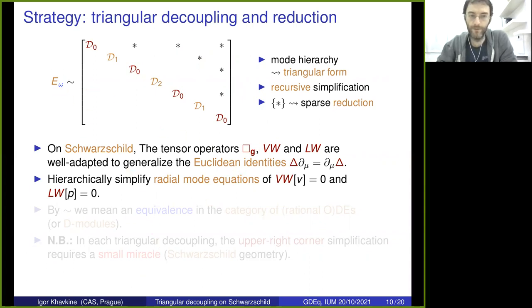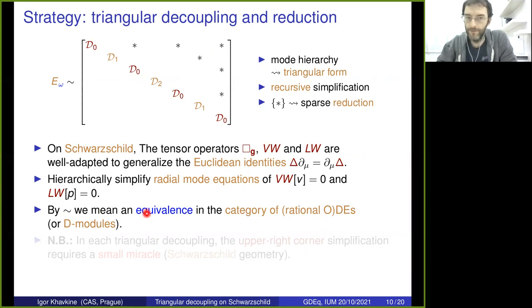And what is it that I mean by equivalence? All these steps should not lose any information about the original equation. To make that precise, I speak of equivalences in the sense of the category of linear rational differential equations, which I think might be familiar to some of the people here from the Vinogradov school.